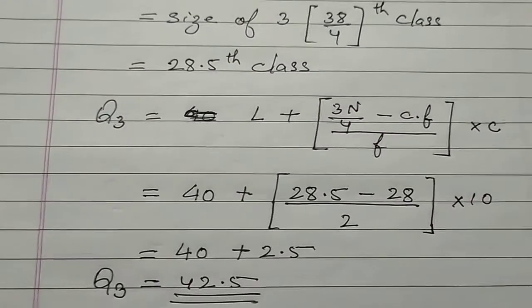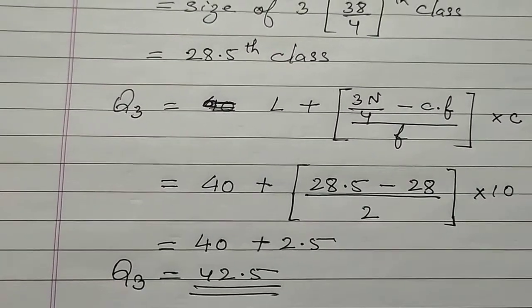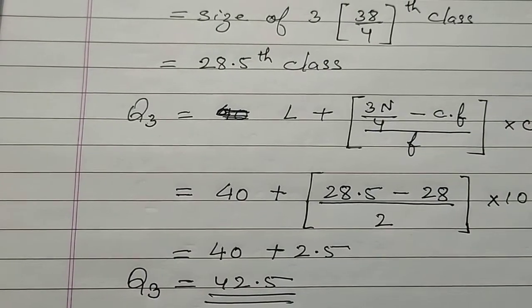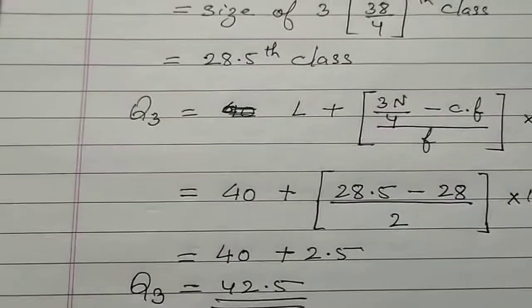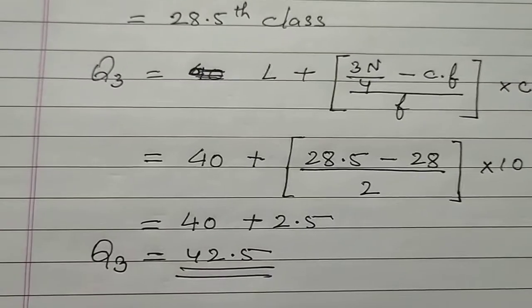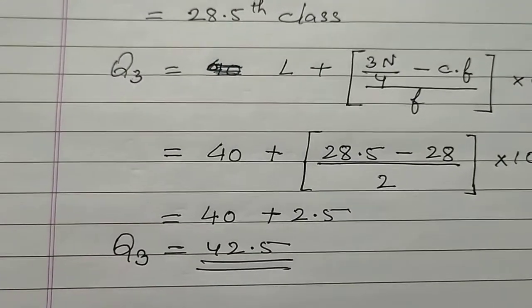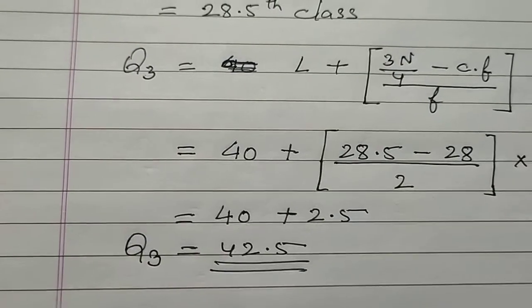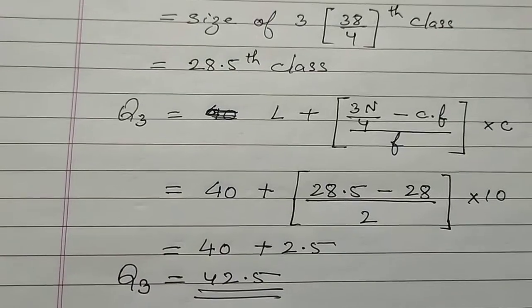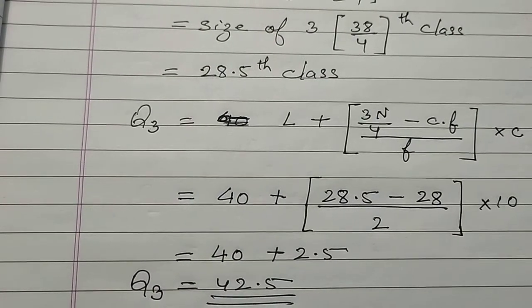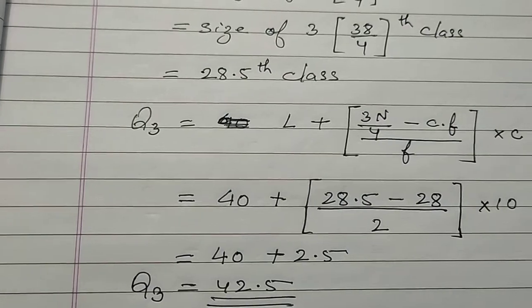So 40 plus 3n by 4, which is 28.5, and the cumulative frequency we take of the previous class, so it is 28, divided by the frequency of the same selected class, which is 2. By putting these values in the formula and calculating, we get the value of the third quartile, and that is in this case 42.5. I hope you have understood how to calculate the value of quartiles in different types of series. Thank you.